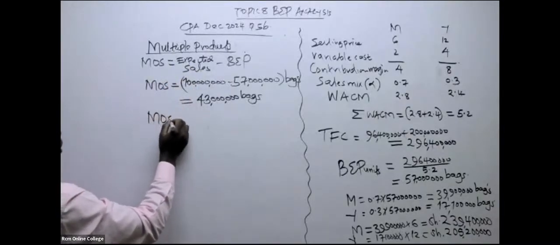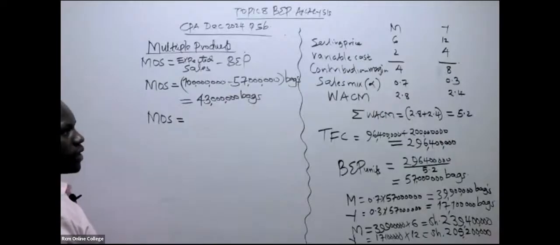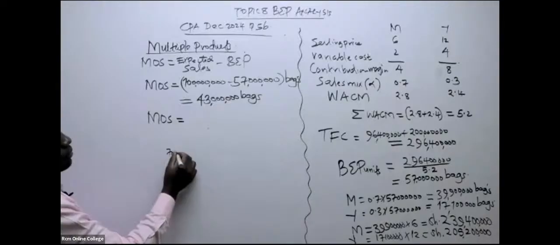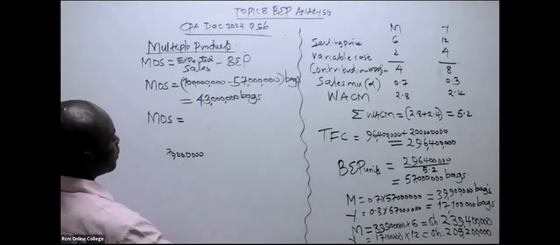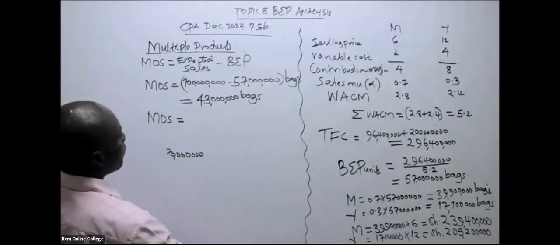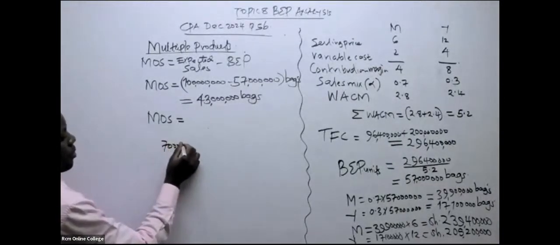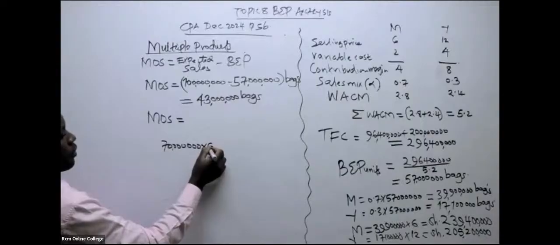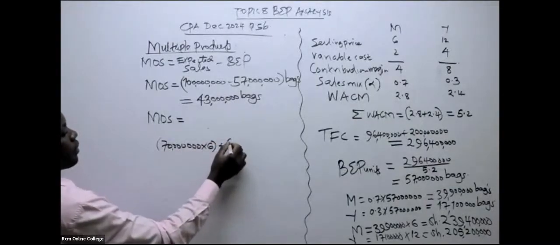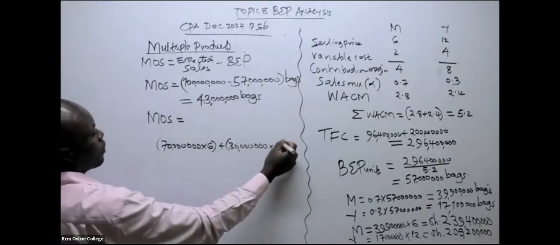How about margin of safety in shillings? Our margin of safety in shillings is equal to expected sales minus break-even point in shillings. Can we get the expected sales? The expected sales was 70 million bags of A whose selling price is 6 shillings, plus 30 million bags, each going for 12 shillings.